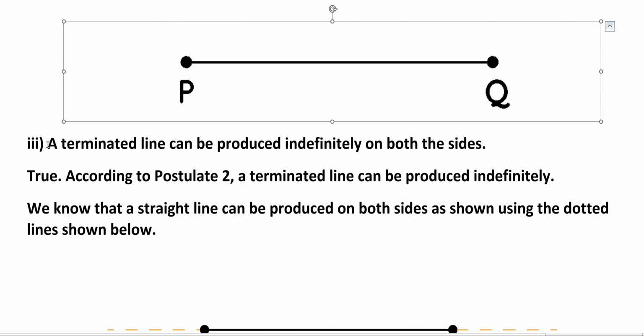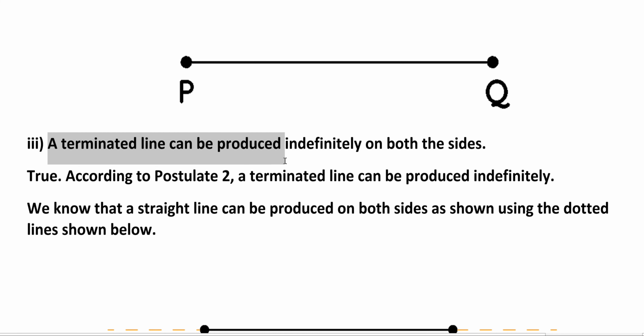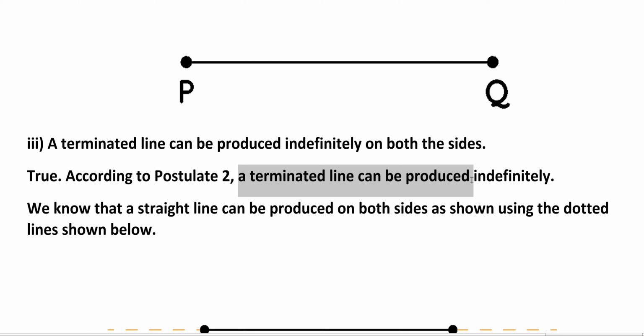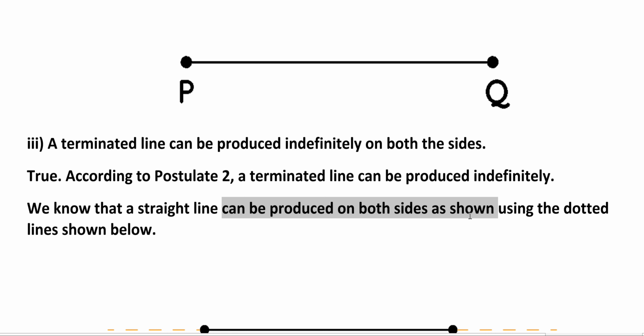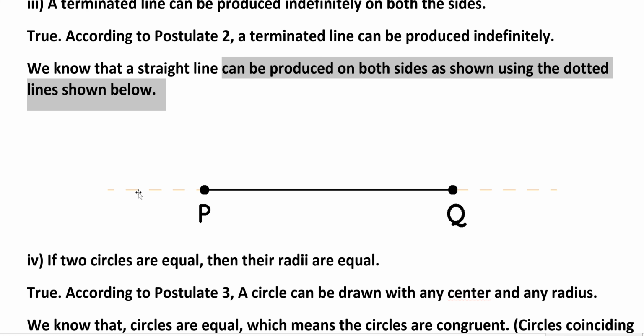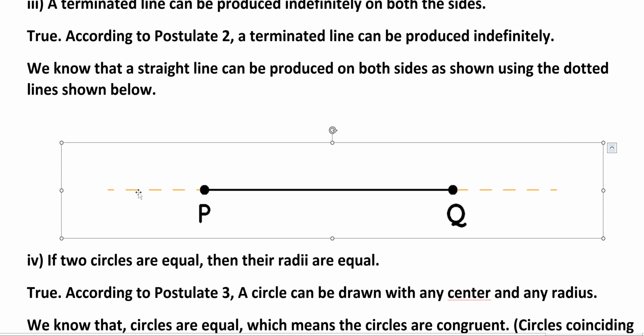Third point: a terminated line can be produced indefinitely on both sides. True, according to postulate 2. A terminated line can be produced indefinitely. We know that a straight line can be produced on both sides as shown using the dotted lines below. Infinite.